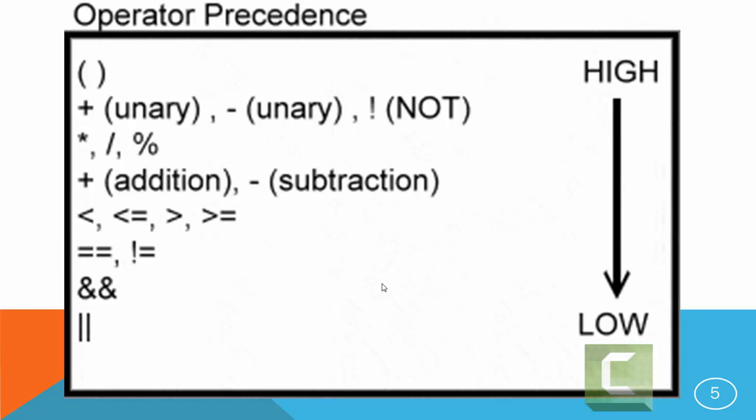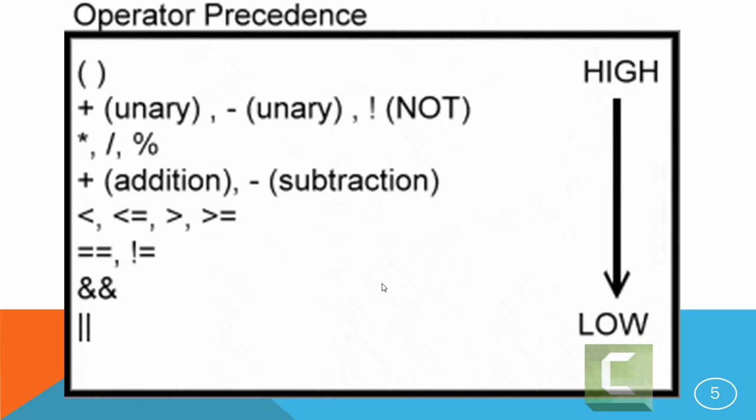At that time you need to know the order in which it gets evaluated. On top you can see parenthesis, anything written in parenthesis will be evaluated first, then unary operators, then arithmetic operations, then plus minus, and finally AND, OR operators. So logical AND, logical OR operator.